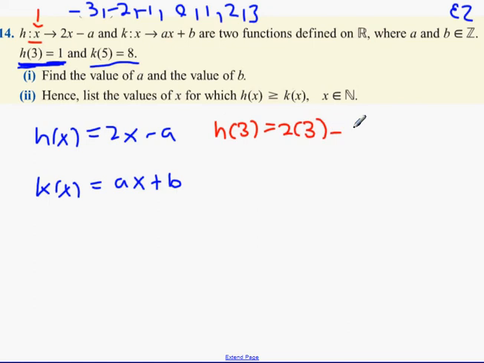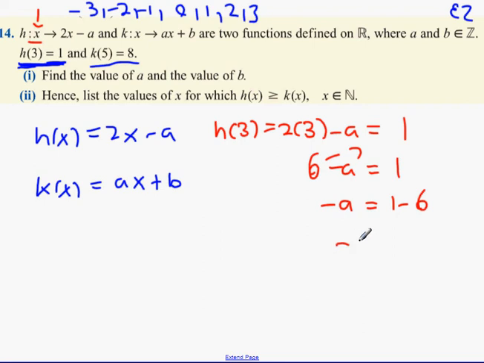2 times 3 minus a. And what does it say the answer is? The answer is 1. 6 minus a equals 1. Bring the 6 over to your side. 1 minus 6.